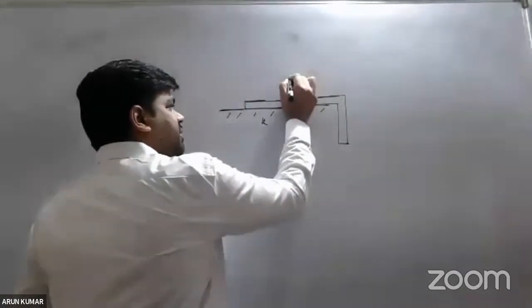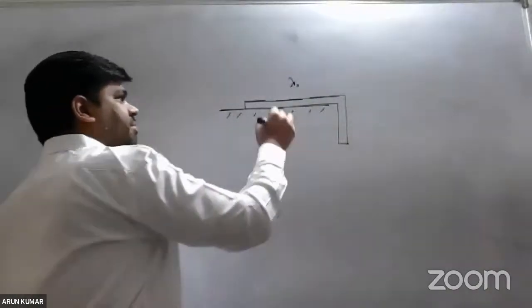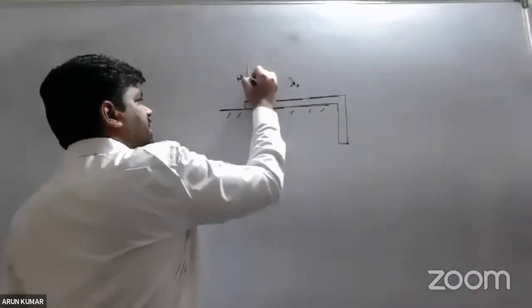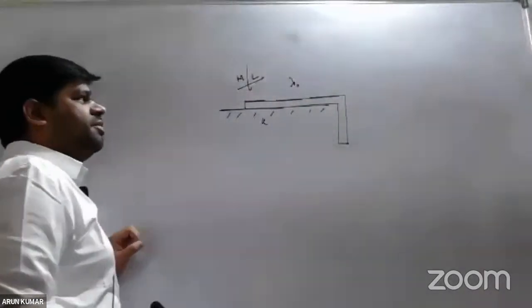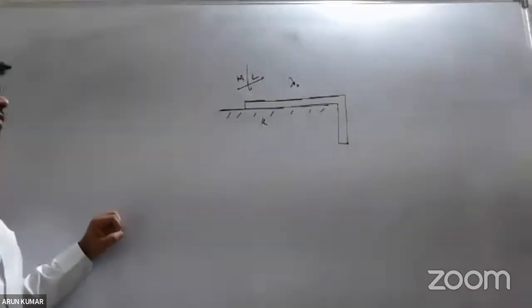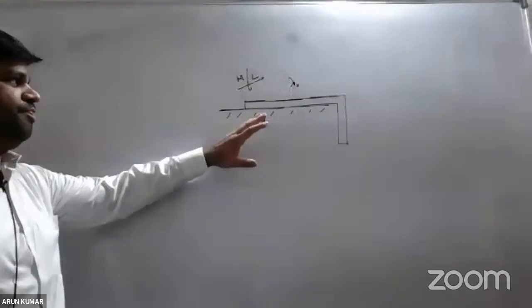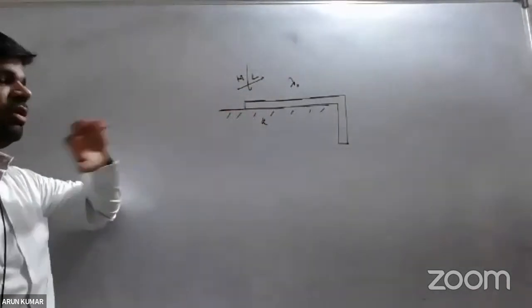All right. First, let's say linear mass density is constant, lambda naught. So mass is m, length is l. M by l is constant, lambda naught. I have to find the relation between mu and lambda naught such that the rope remains in equilibrium.